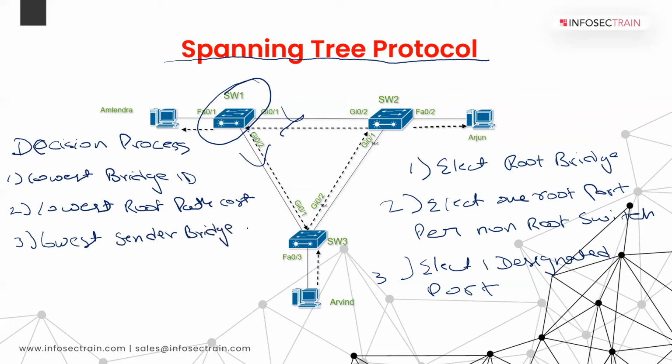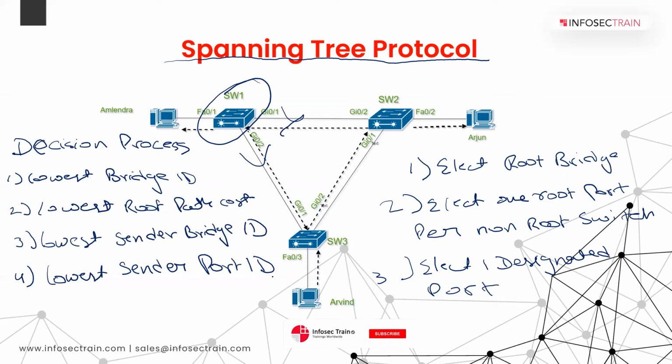Again, I'm reminding you guys that bridge means switch over here. Now, lowest sender port ID is the fourth thing. These four things are the decision process, how we will elect the root bridge, root port, and designated port, right? So these are the things.